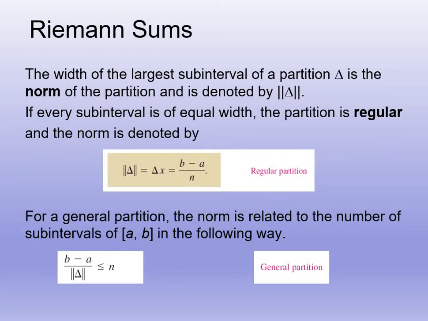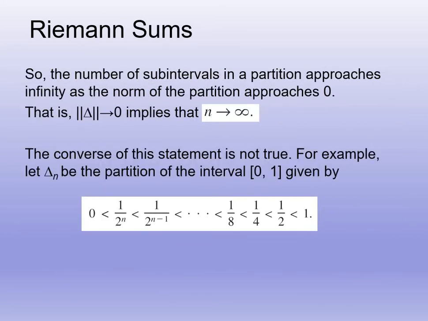As we approach infinity, the norm goes to 0 because that denominator, b minus a over n, gets really big as n goes to infinity. So that means the norm goes to 0. However, the converse is not true. If we have a partition on 0 to 1, it can be given like this, and it actually ends up going to 1.